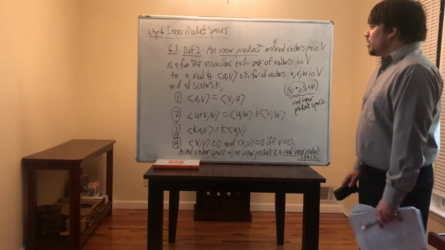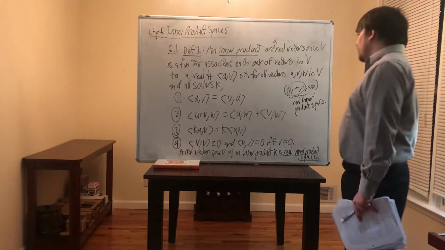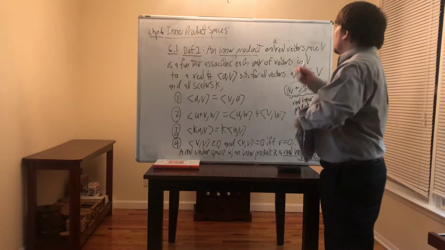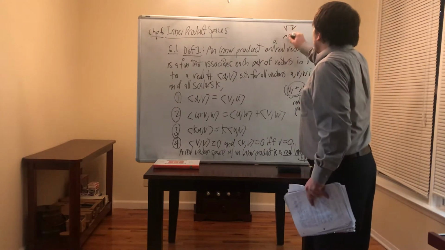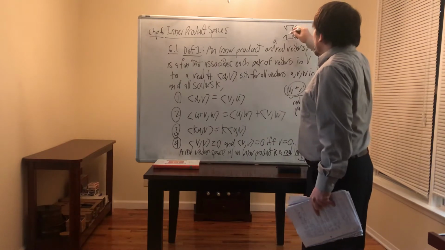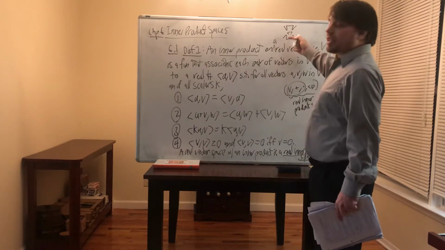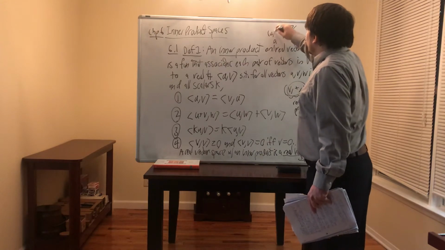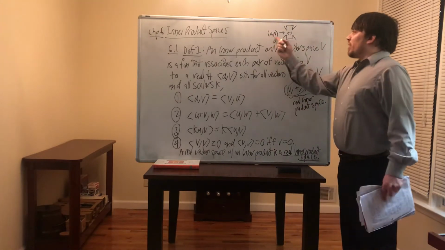Okay. So we have something called an inner product. It's a function. If you look at a function as a machine diagram like this, and let's say I label this function like this, the input is two vectors, u and v, right? U is the first vector, v is the second vector.